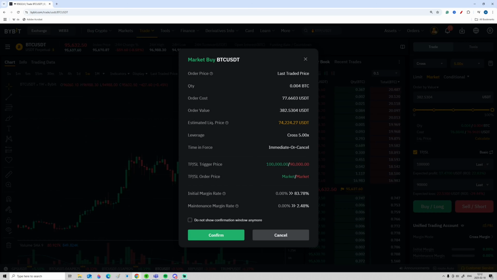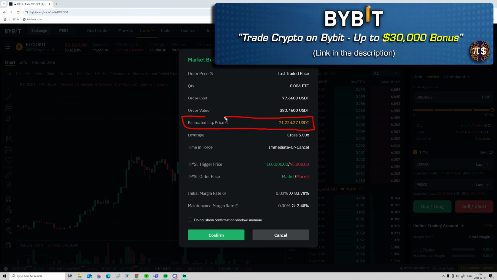And before we continue here, I want to talk about this window, because this is very important. Here you can see all the information about the order, and the most important part you need to take a look at is this part right here. This is the estimated liquidation price.